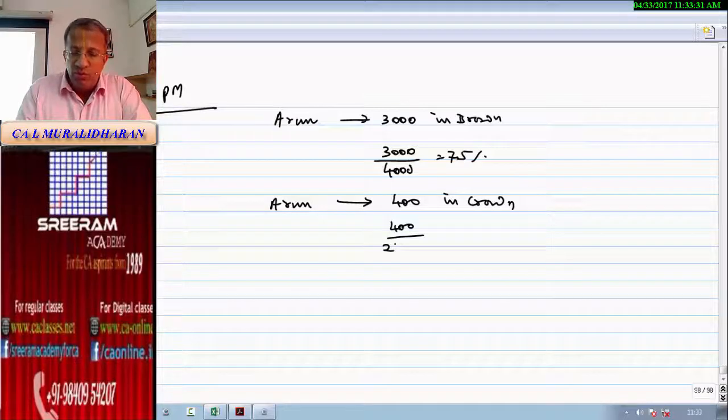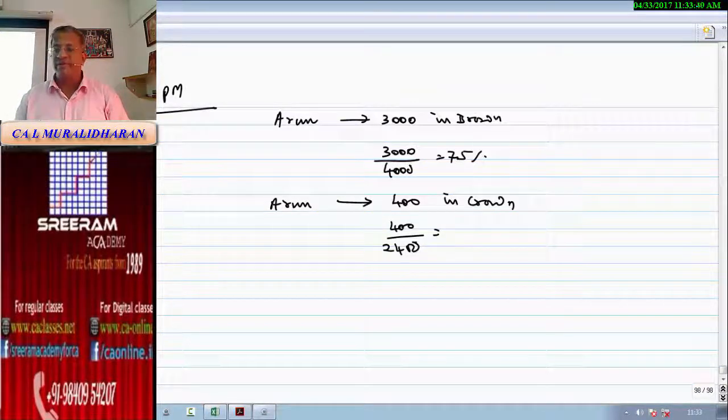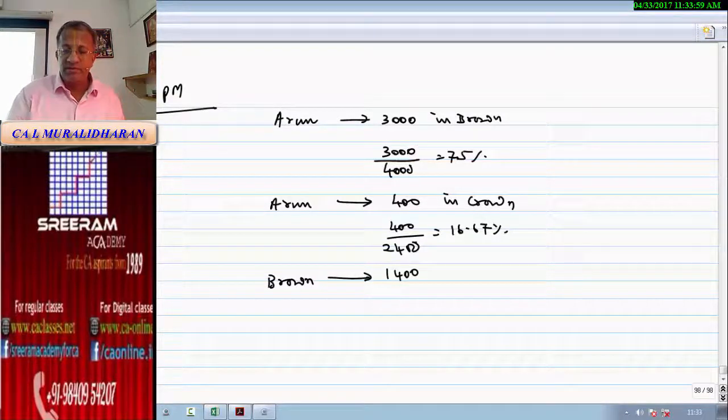How much does this work out to? 400 upon 2400, which is equal to 16.67%. Brown holds 1400 shares in Crown.